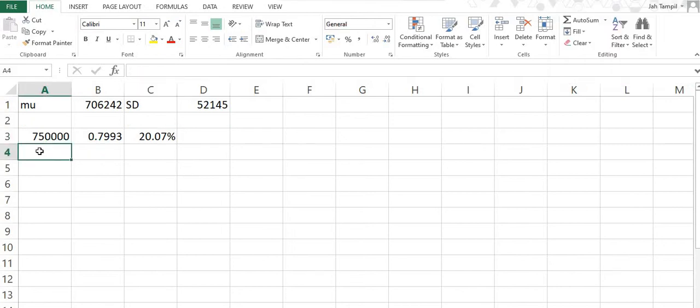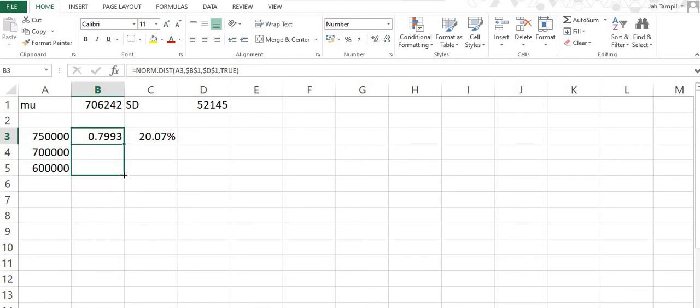In letter B, we would need the probability in between 600 and 700,000. So let me type 700,000 first, then 600,000 here. One good thing about Excel is that you can actually copy the formula. So when I drag this down, the formula will be copied.